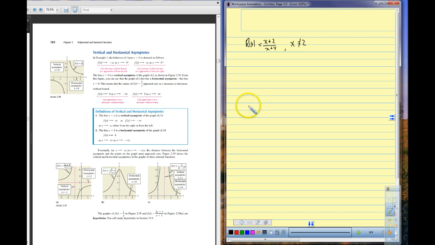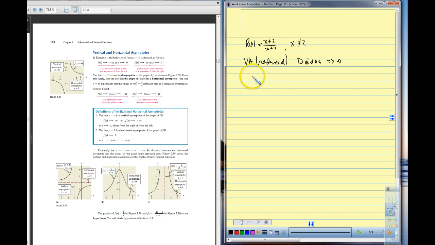Okay, so now we look at VAs and HAs. I wanted to talk about VAs first. So we have a VA, once it's reduced, okay, remember, reduced, when the denominator is equal to 0.